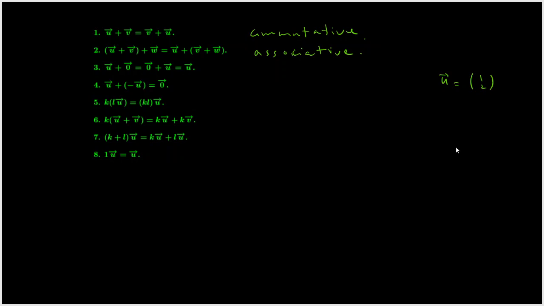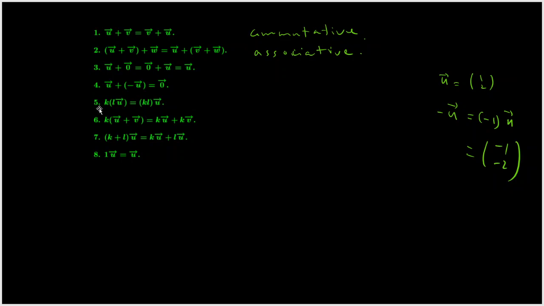So negative u is defined as -1 times u. It's actually the same thing as -1, -1, -2. I'm trying to say negative u, you just get the negation of the components. You have negative u.